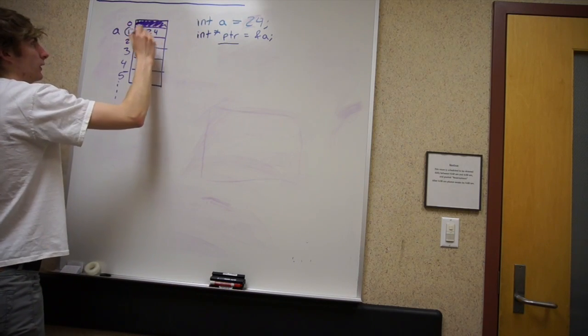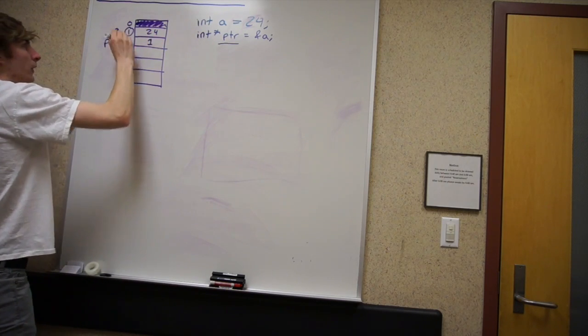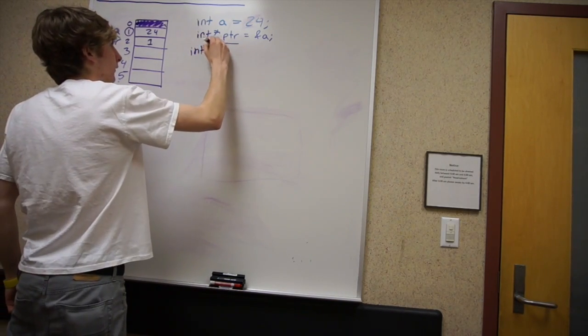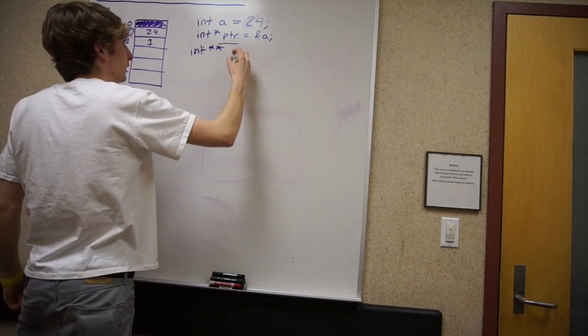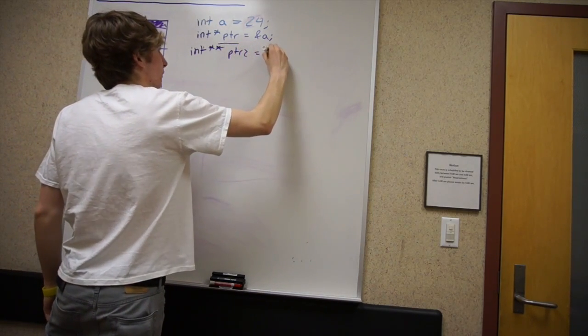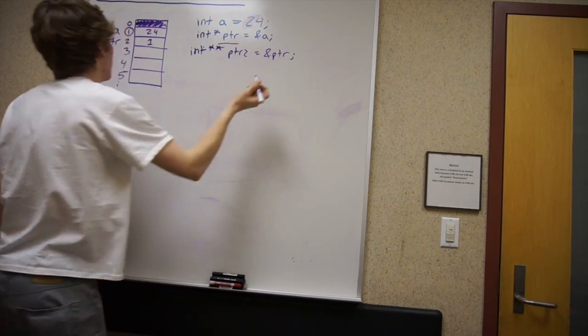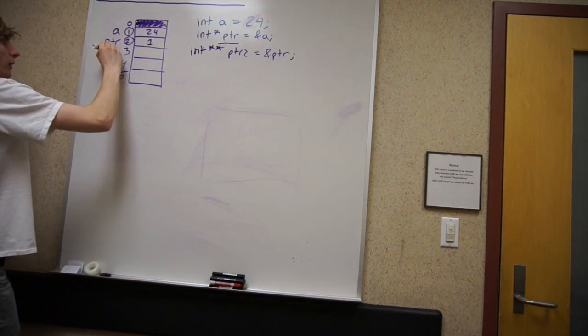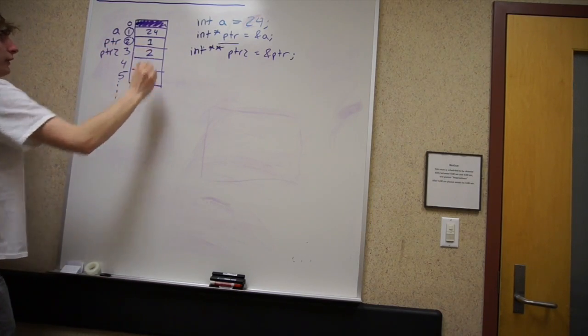So right here, let's say this is pointer. So you could have a pointer to pointer as well. You could do int star star pointer2 equals the address of pointer. That just points to address 2. So here's pointer2, and its value is 2.